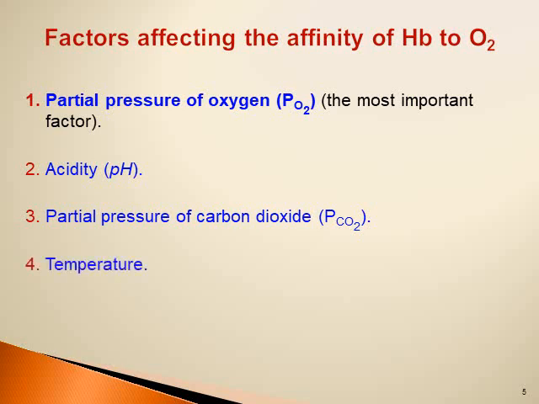Number 4, the temperature. And the 5th and last factor is 2,3-bisphosphoglycerate. It is a metabolic product of the glycolysis that happens in the red blood cells, and we'll see how it affects the affinity of hemoglobin for oxygen.